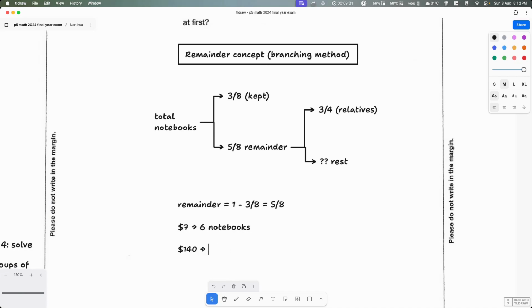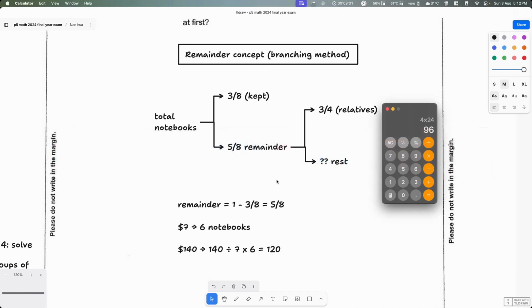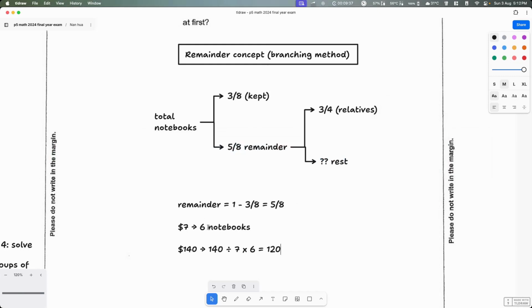Or 140 divided by 7, and then times 6, which is 120. Let's double confirm: 140 divided by 7 and multiply by 6, 120 notebooks. So he sold 120 notebooks over here. So we have 120 as the rest.